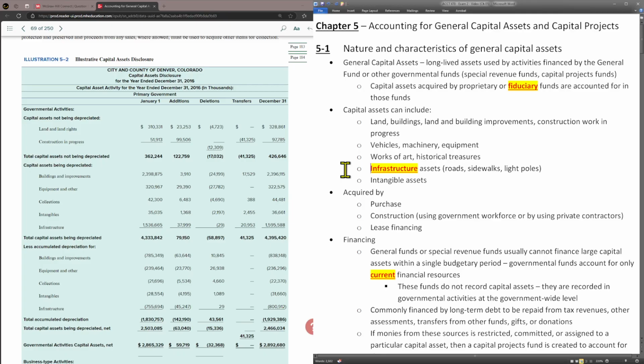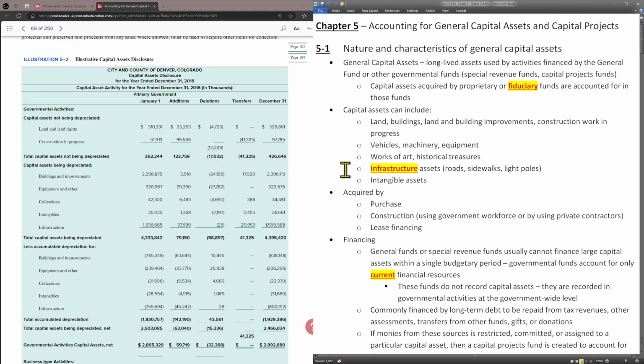So going on with the chapter, the last chapter, Chapter 4, was actually a big one. That was more the general fund accounting, all the governmental fund activities, and there were a lot of details in it. In this one, there's not as many.